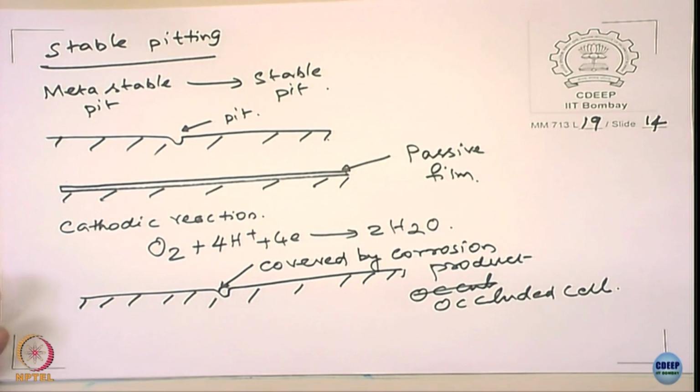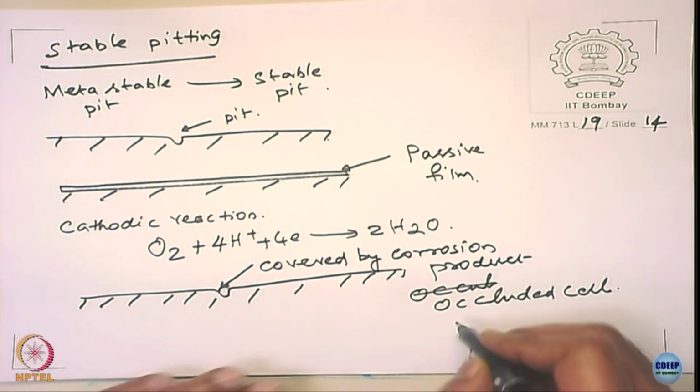What is an occluded cell? In the occluded cell, there is no convection, there is only a diffusion process. So it is only a diffusion process here.